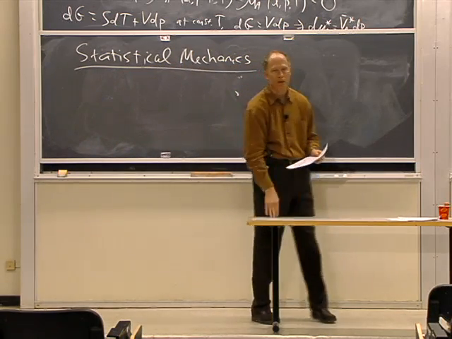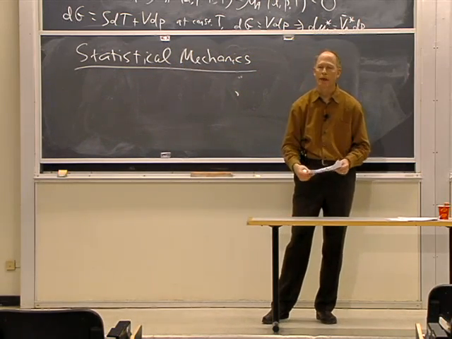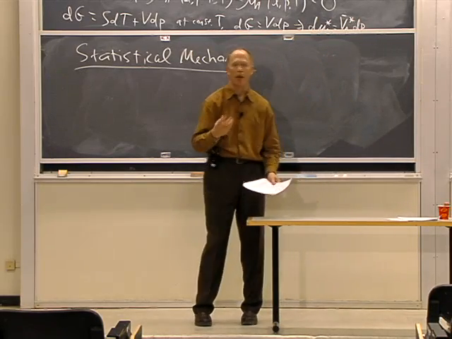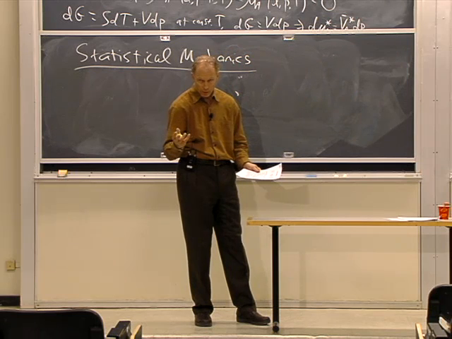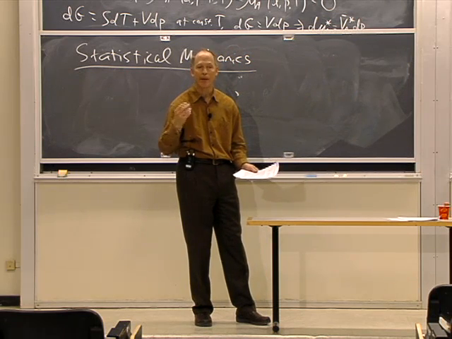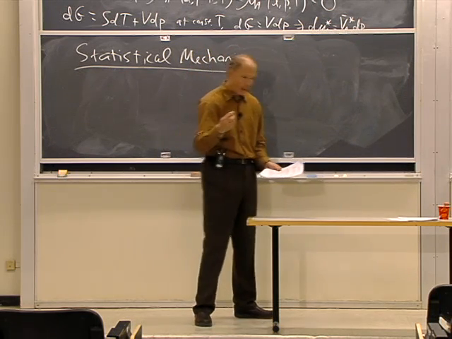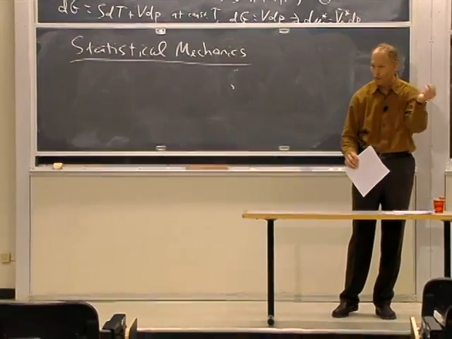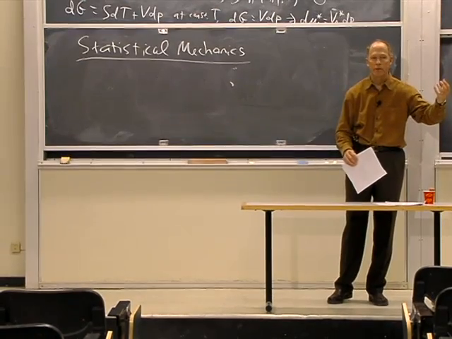So let's start by trying to calculate energies of individual molecules or individual particles. What's the probability that some molecule, one of the oxygen molecules somewhere in this room, is in a certain energy state?